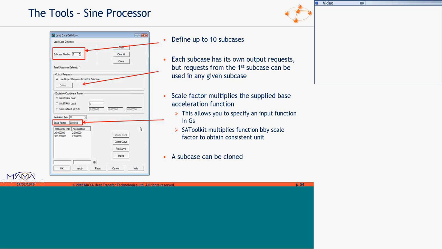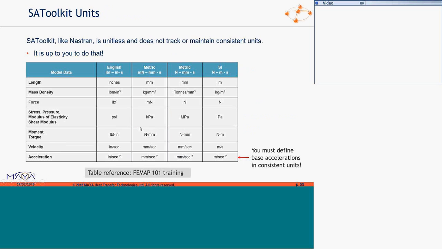So you can work in any units at this point. The Structural Analysis Toolkit is unitless. It doesn't care what units it's using. There are information messages at the top, but that's really just for the post processor. Nastran doesn't give a hoot what you're using.